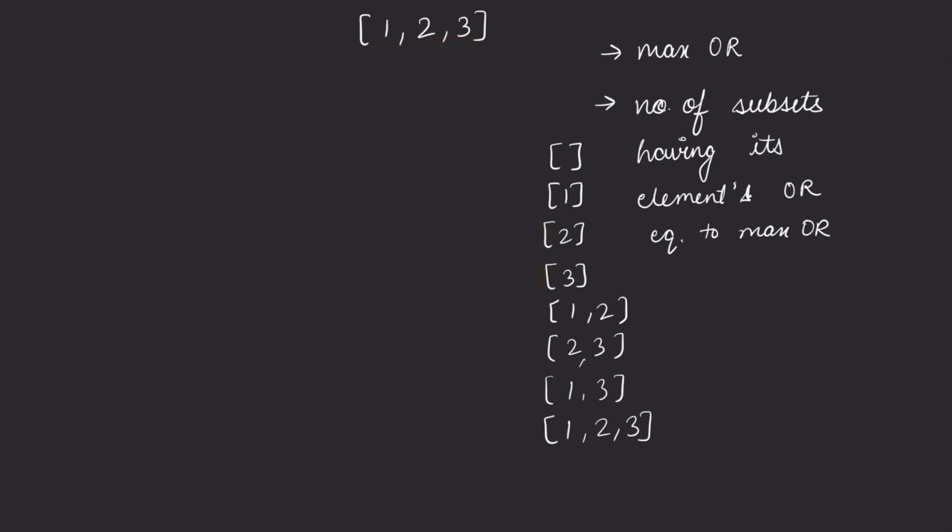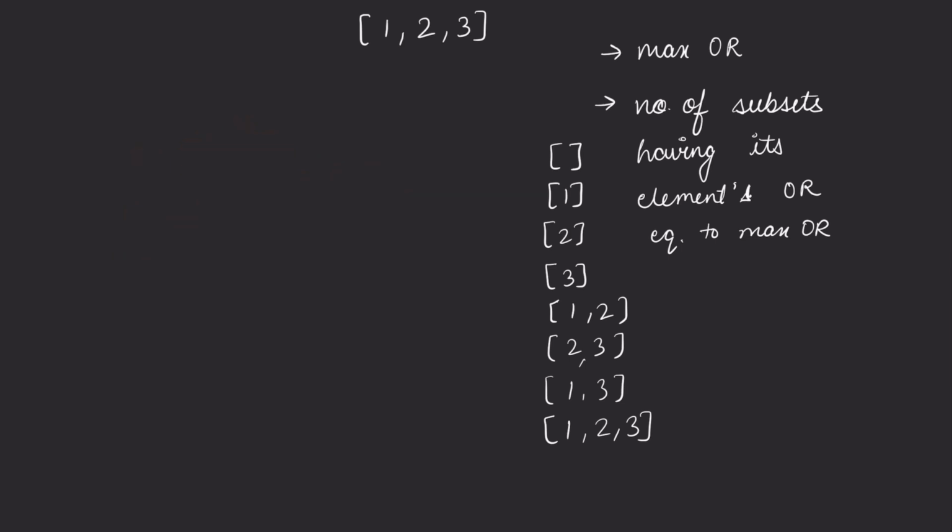If you consider 1, 2, here 1 and 2 are present but 3 is not present. If you see 1 and 3, then 1 and 3 are present but 2 is not present. So for finding any possible subset, for every element we will have two choices. And what are those two choices? Either take that element or do not take that element.